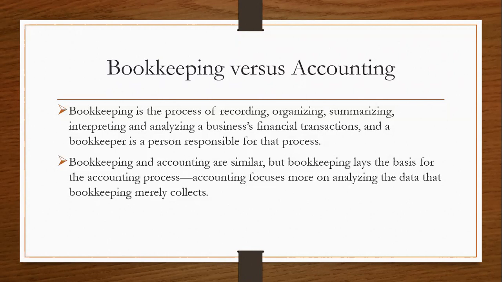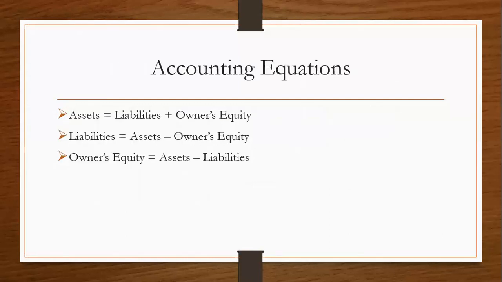And what would be the difference between bookkeeping and accounting? Actually, they are similar. But with regards to accounting, you need a high level of analyzing. In accounting, there's an equation, which is assets equals liabilities plus owner's equity, or liabilities equals assets less owner's equity, or owner's equity equals assets less liabilities.